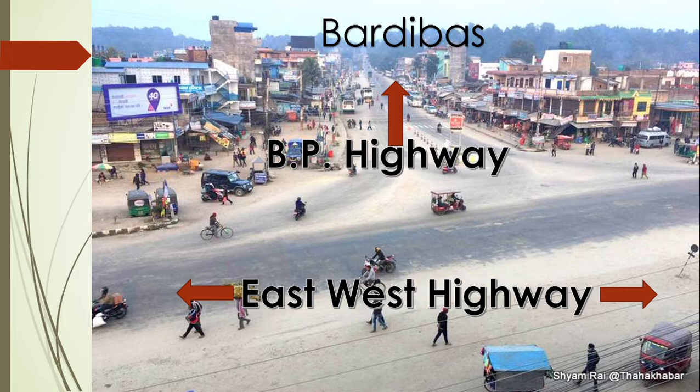This highway joins Bardibas along the east-west highway. You can see in the picture, this is east-west highway, and here on the other side we can see BP Highway. So the BP Highway joins the Tarai, that is Bardibas of Nepal, which lies in Tarai region of our country.